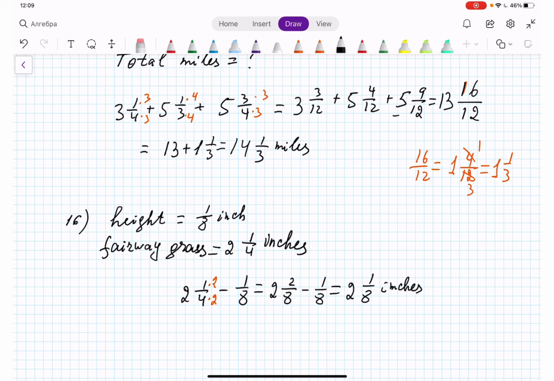So the mower blade needs to be lowered by 2 1/8 inches. Okie dokie, I'm done.